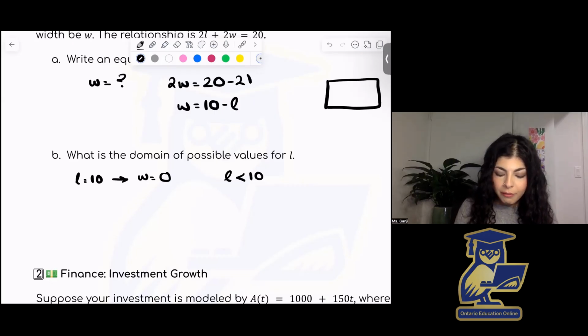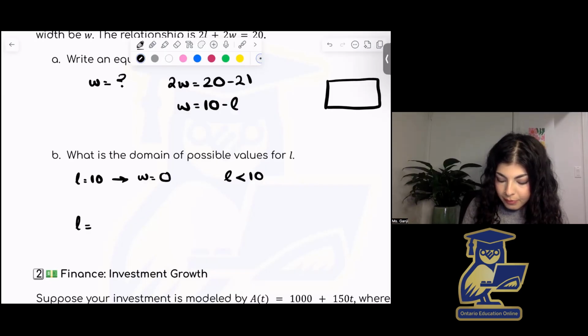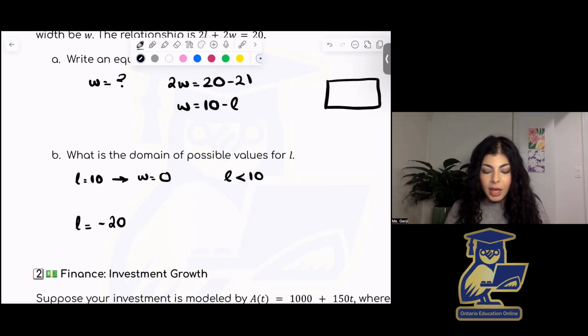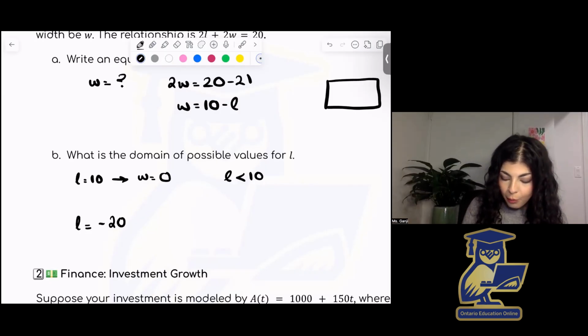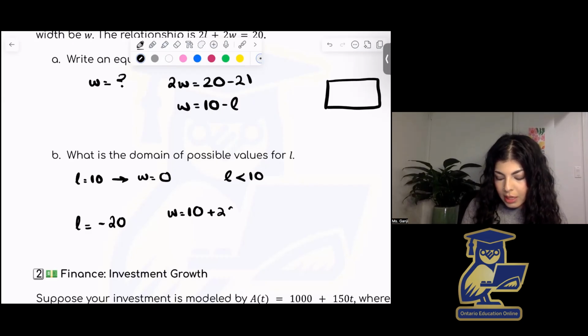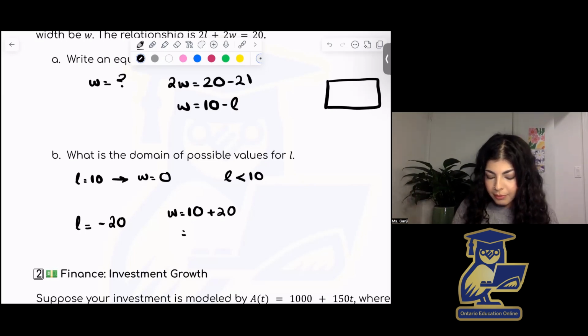But what if I told you L is, let's say, negative 20? In that case, you would have width as 10 plus 20 is equal to 30. And that would also not hold true.